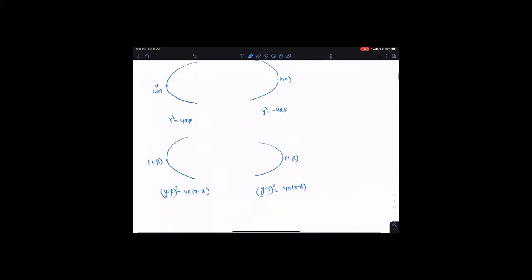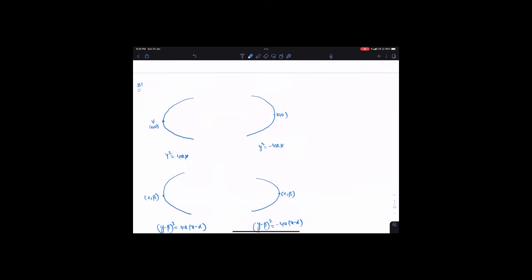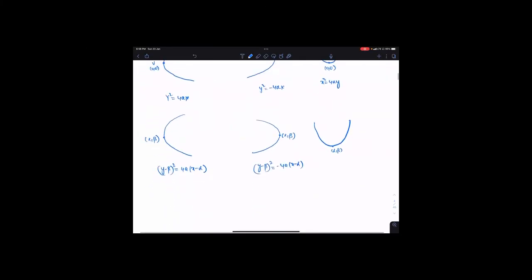The same way, if it is opening upwards and the vertex is the origin, then it is x square equals 4ay. If the vertex is alpha beta, then it will be x minus alpha whole square equals 4a into y minus beta.